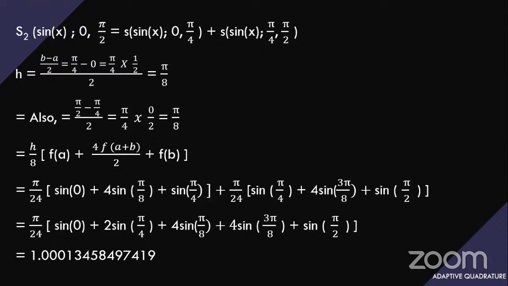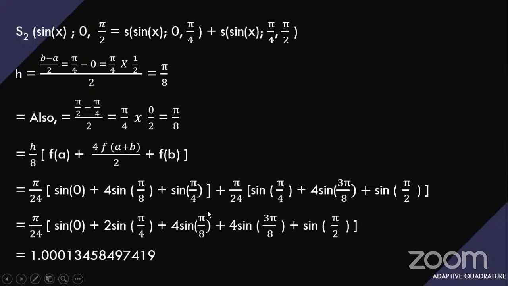Now, the first subinterval is 0 to pi over 4. So a is 0 and b is pi over 4. So for f of a, we get sine 0, which is 0, plus 4f of a plus b, that is 0 plus pi over 4 divided by 2.